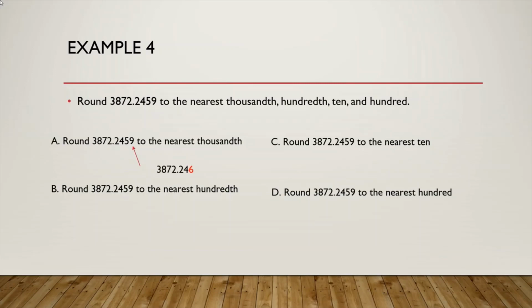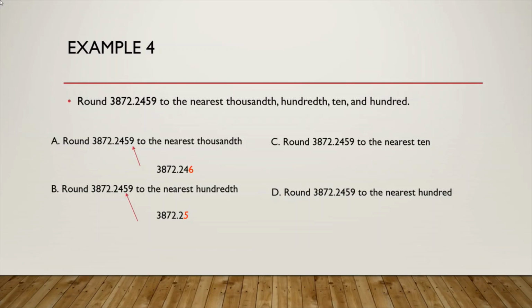So here it's going to go up, and that 5 becomes a 6. Let's look at letter B. Here you're rounding to the hundreds place, so you look at the thousands place where the 5 is at. That would tell you that you round up, so that 4 would become a 5 in the hundreds place.